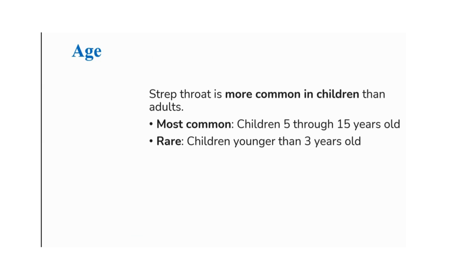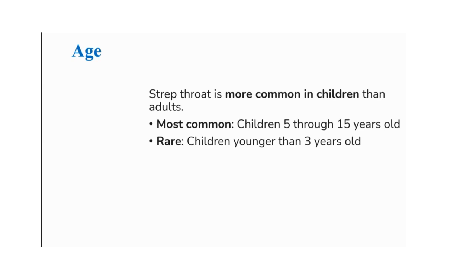And what are the other risk factors? Mainly age. Anyone can get strep throat, but some factors increase the risk, mainly age and the immunosuppressive state. Most commonly, children aged 5 to 15 years are more vulnerable. It is very rare in children younger than 3 years.